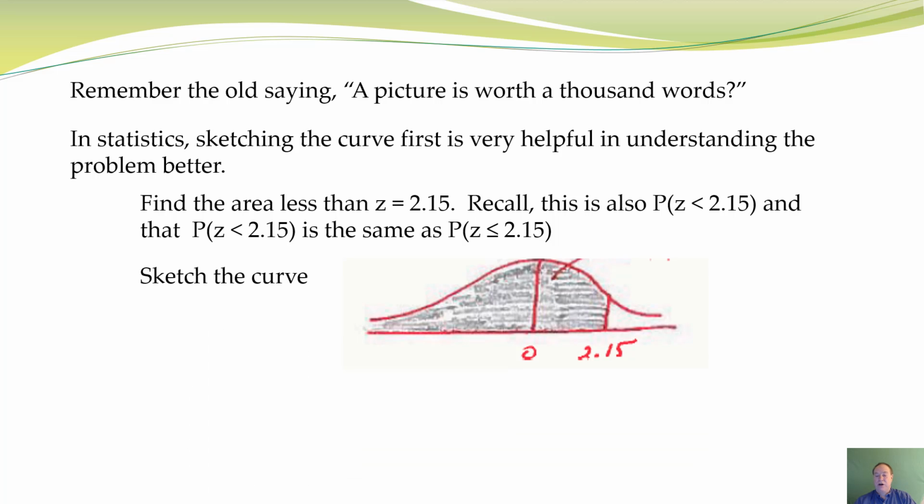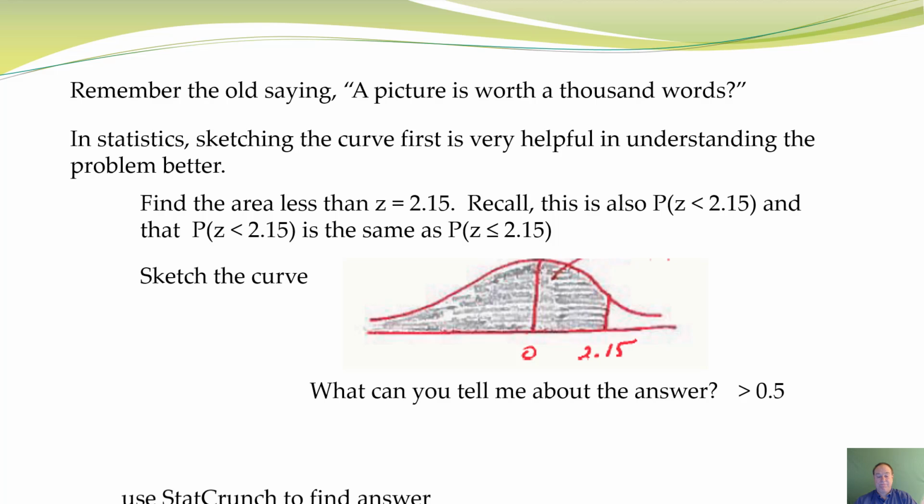So we sketch a curve. 0 is the mean, so it's in the center. 2.15 would be to the right. So I draw a vertical line at 2.15, shade everything under the curve to the left because I wanted less than or equal. So you notice this is going to be greater than 50% of the curve, isn't it? So it's greater than 0.5. That'll help you check some of your answers.